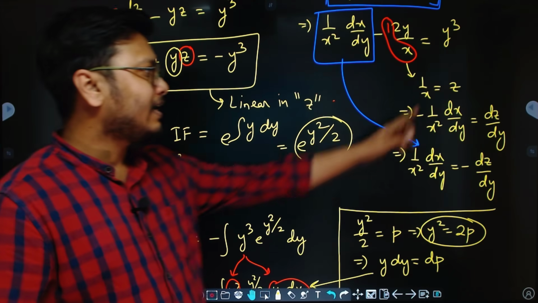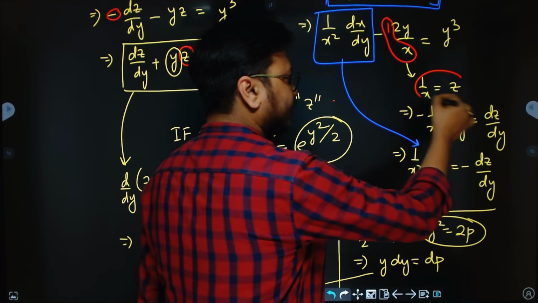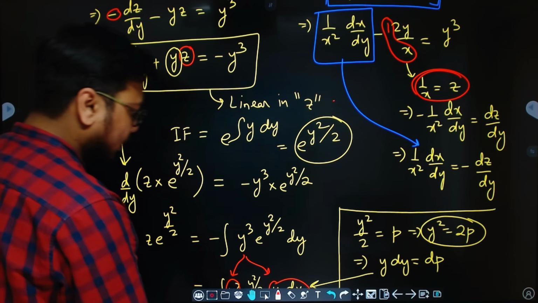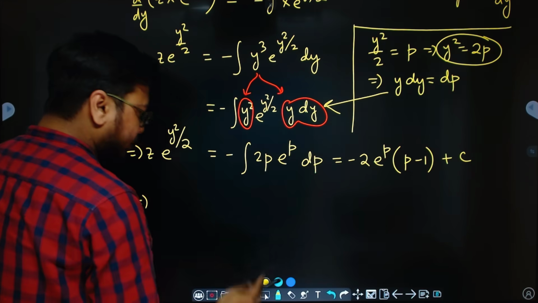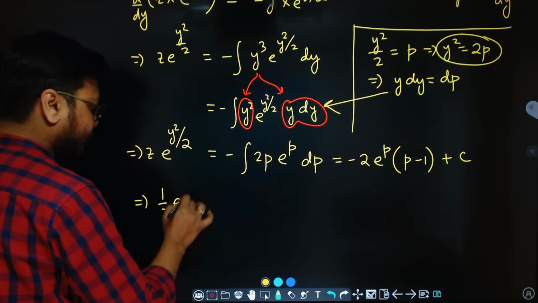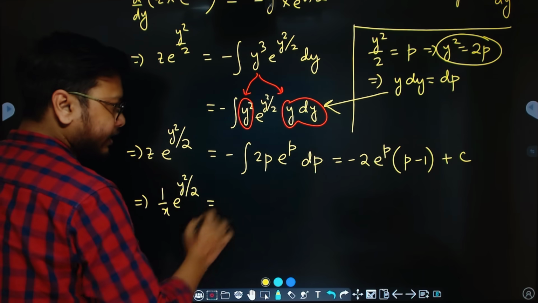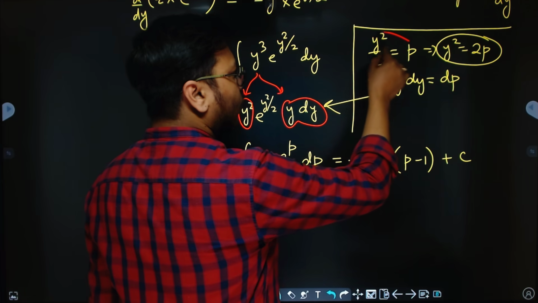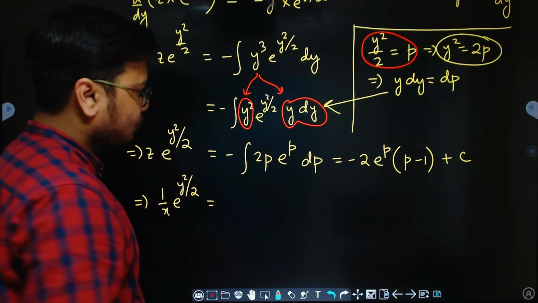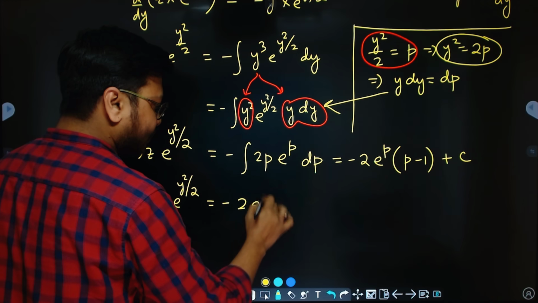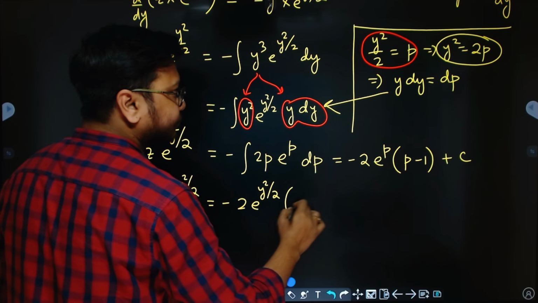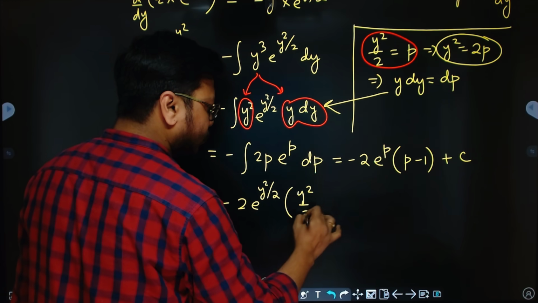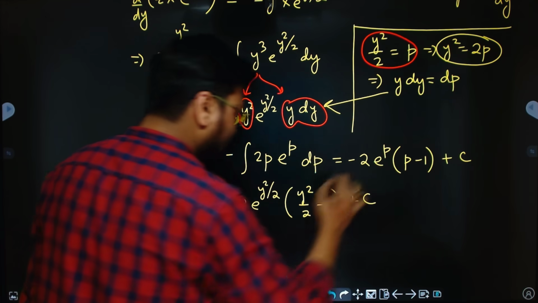What was z? Z was 1 upon x, right? Z was 1 upon x. So first let's bring back z. So z is 1 upon x, e to the power y square upon 2 equals, coming to p, what was p? P is y square by 2, right? P is y square by 2. So minus 2 e to the power y square by 2, y square by 2 minus 1 plus integrating constant.